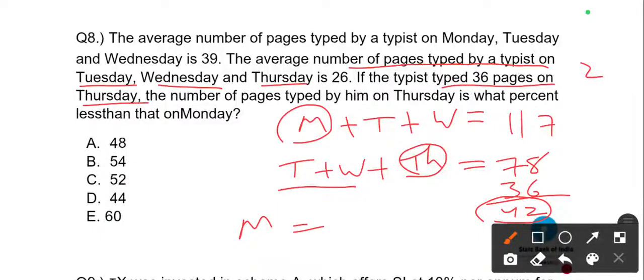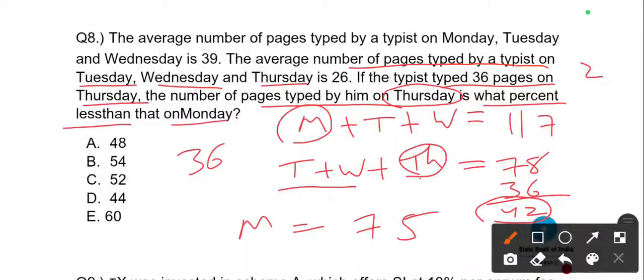It will be 117 minus 42, which will be 75. The question asked is the number of pages typed by him on Thursday, total 36, is what percentage less than that on Monday?